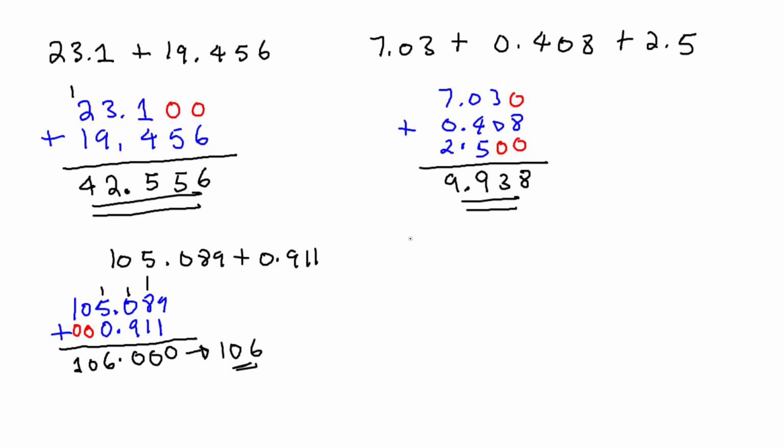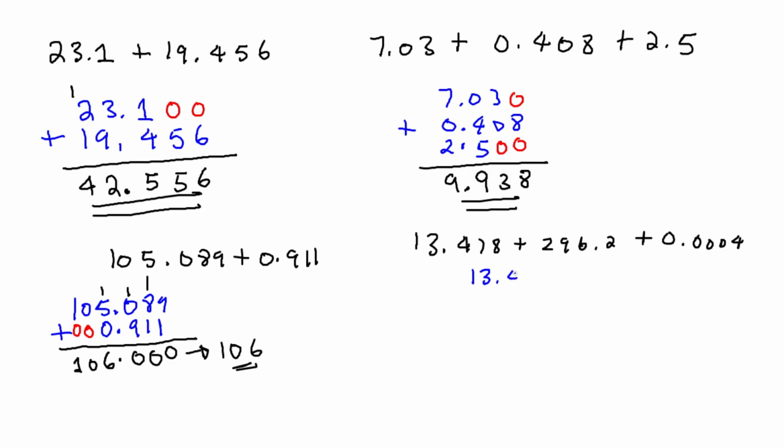Now try this one. This is a little challenging. 13.478 plus 296.2 plus 0.0004. So let's line up these decimal numbers.